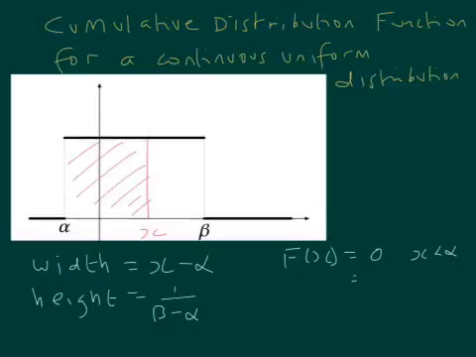It's the base times the height, so that's x minus alpha over beta minus alpha when x is between alpha and beta, and it's 1 when x is greater than beta. So this is the cumulative distribution function.